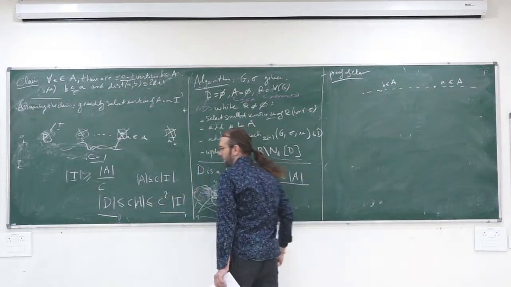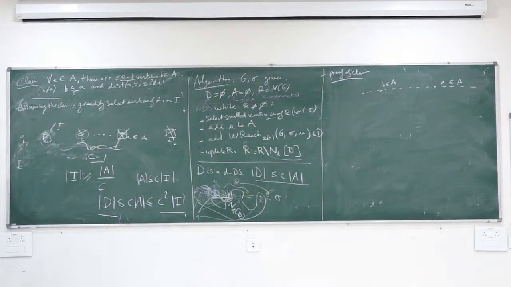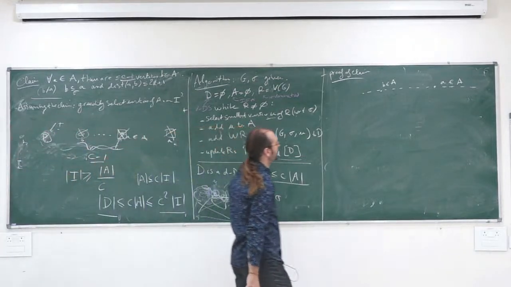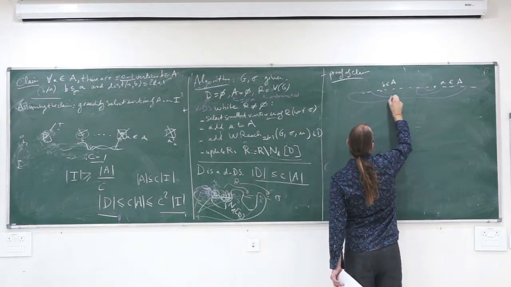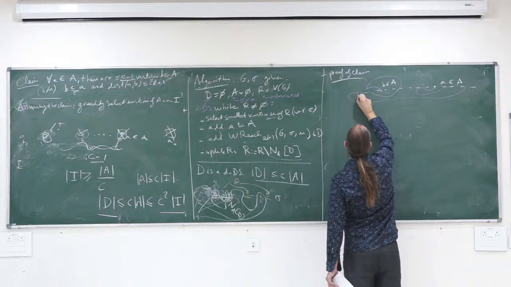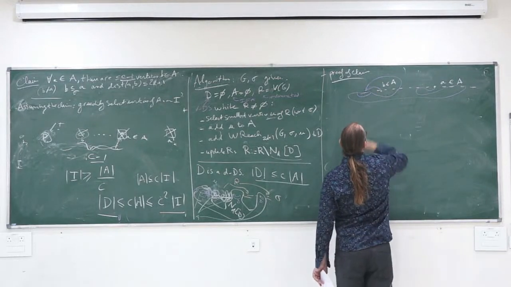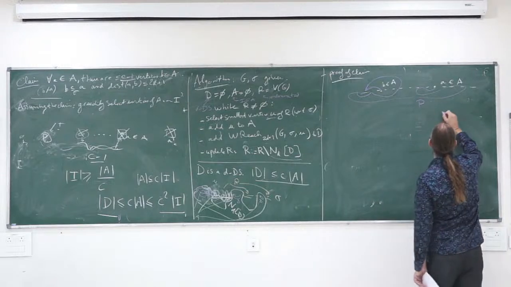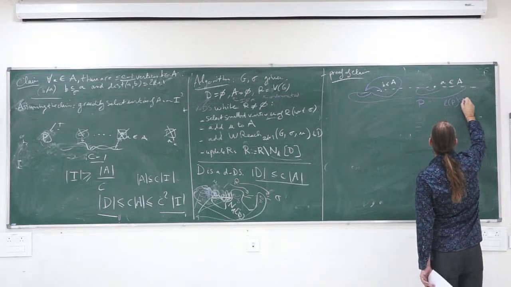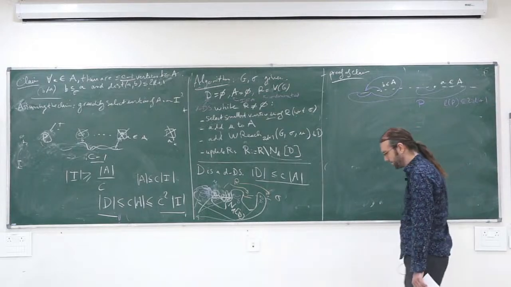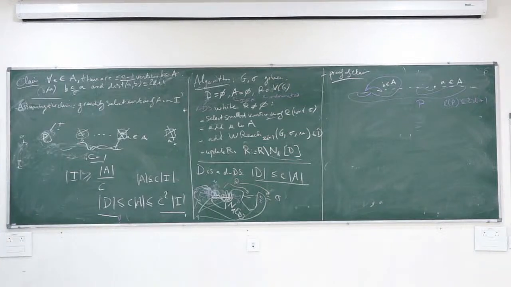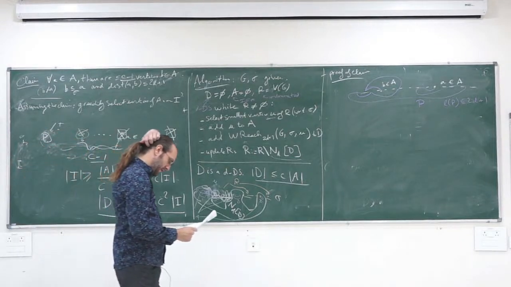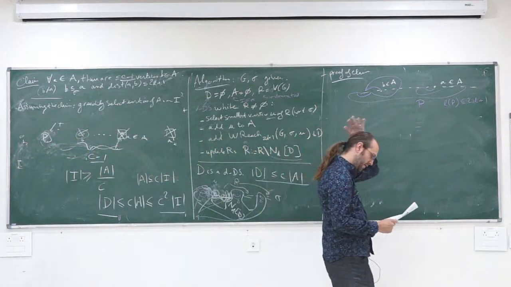So since they are not too far from each other, there is a path of length at most 2D plus 1, which can be anything. It's not a weakly reachable path. Call it P, with length at most 2D plus 1. I want to find some properties of this path, to show later that, in fact, there are not too many B's like that.